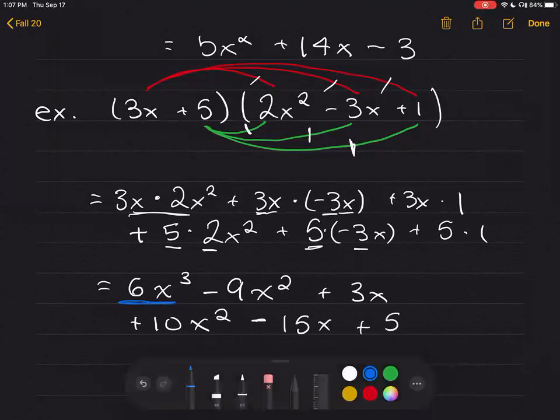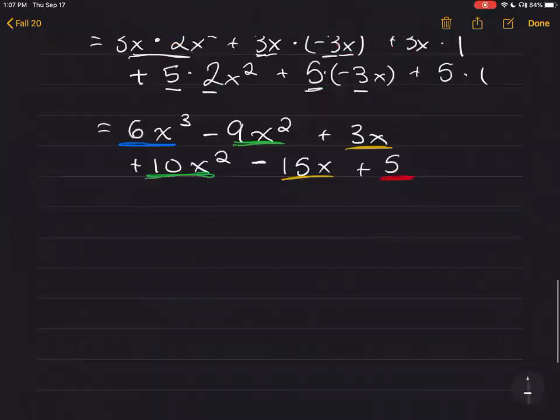There is only one x cubed. Let's see, there's 1, 2 x squared terms. There's 1, 2 just x terms, and then there's one constant term. So we've got to combine the colors. So this becomes 6x cubed minus negative 9 plus 10, that's positive 19x squared.